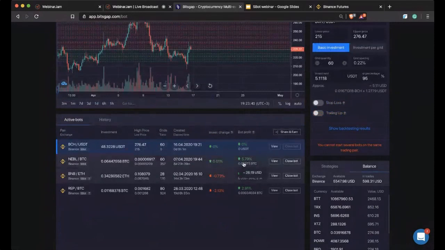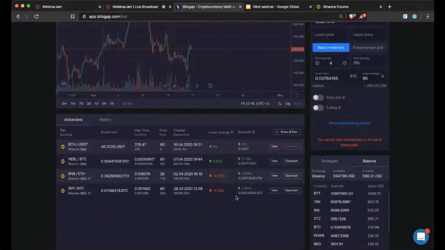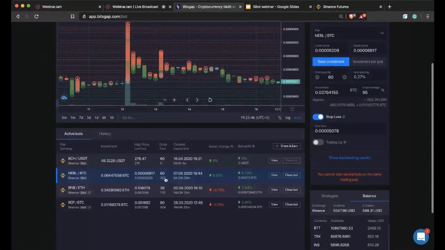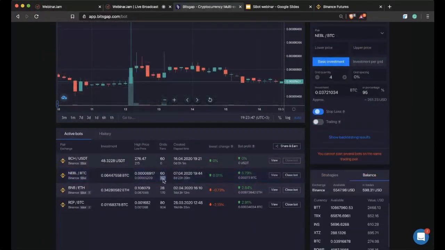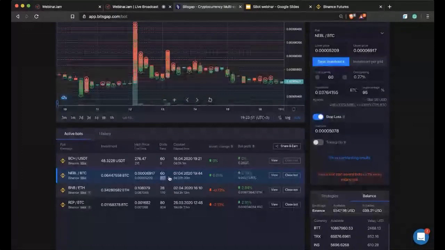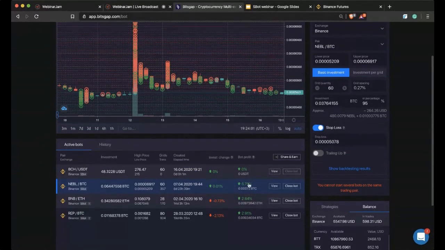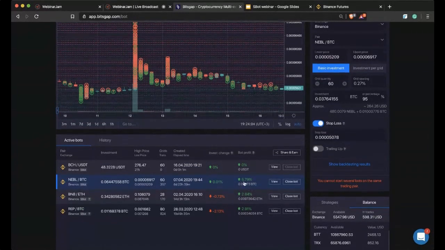And here you can see that, for instance, my active bot, it's Niblio Trading to BTC. It has already executed around 357 trades, all right, having only 60 grids in the trading range. And it has made 5.79% of the return to my total investment. Okay, so that's a very important thing to understand.